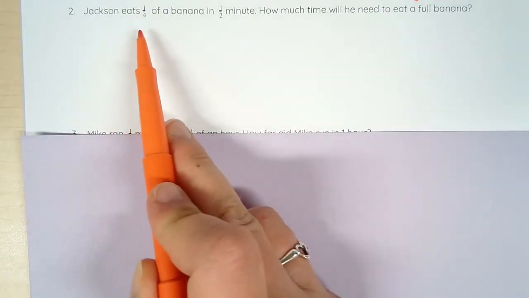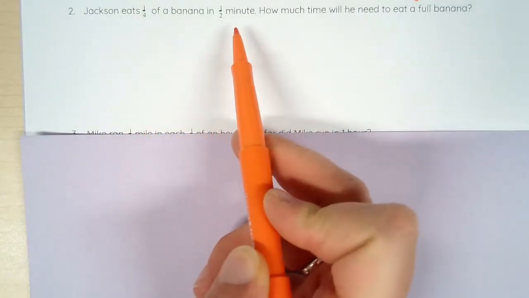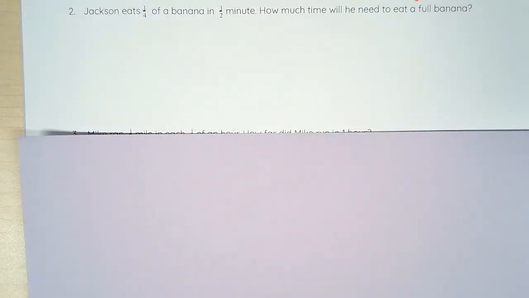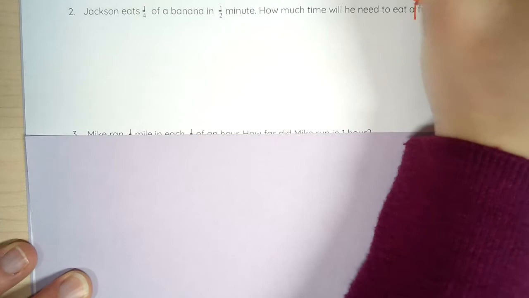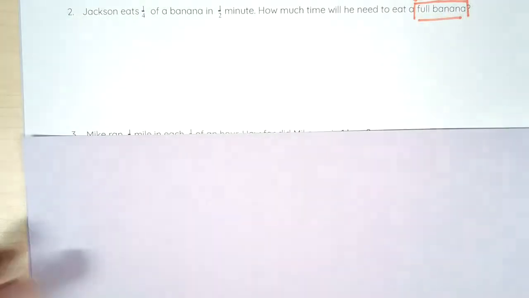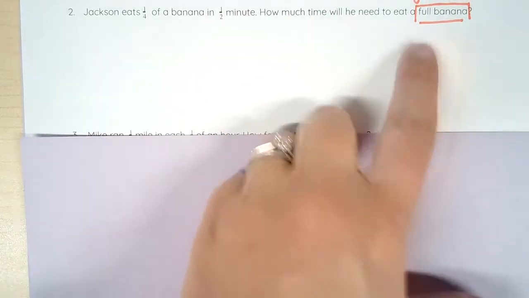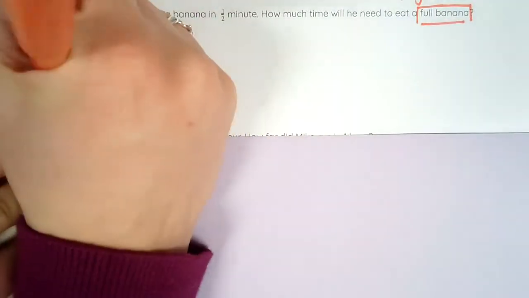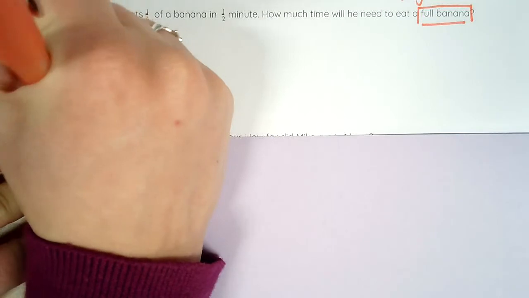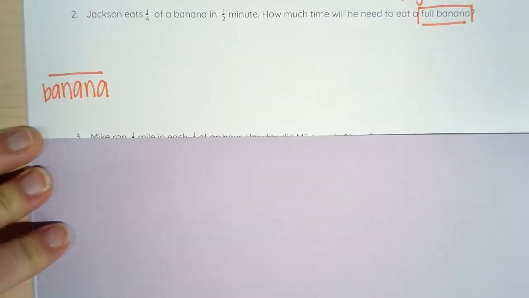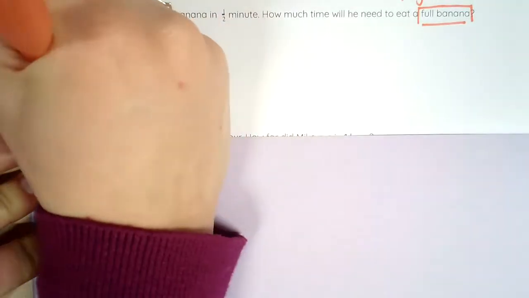Jackson eats 1/4 of a banana in 1/2 a minute. How much time will he need to eat a full banana? What do we want one of? We want a full banana, one full banana. I don't want to know 1 minute. So I'm going to go ahead and put banana on the bottom. That means minutes go on top.